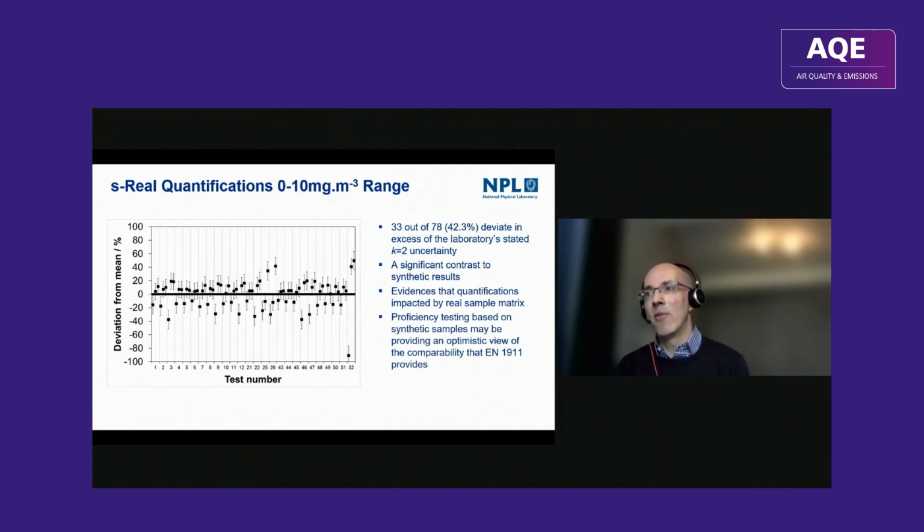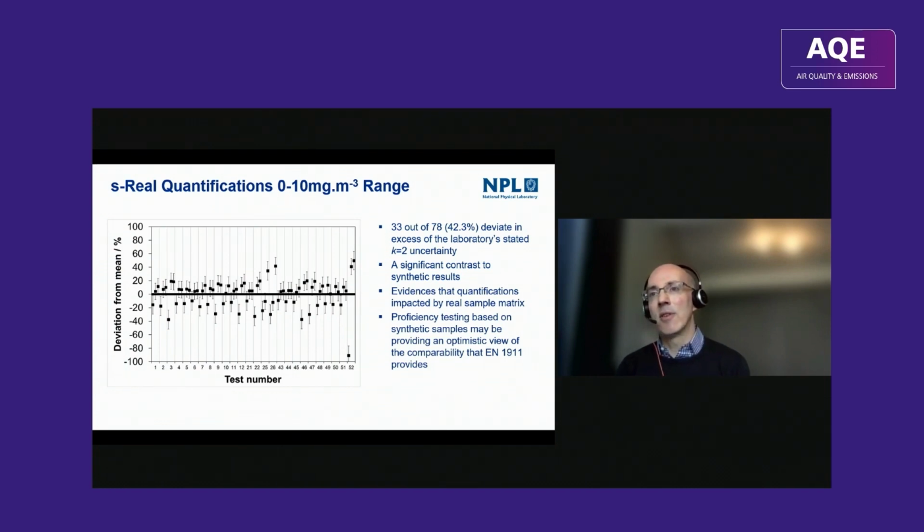What might be the reason for this? When you think about the key difference between the two sets of samples, it's that the synthetic samples don't contain anything other than chloride, whereas the simulated real samples are likely to contain other species that have been taken up from the stack simulator. NO2 was present, for example, and things like that. There are other things that have some level of solubility in water.